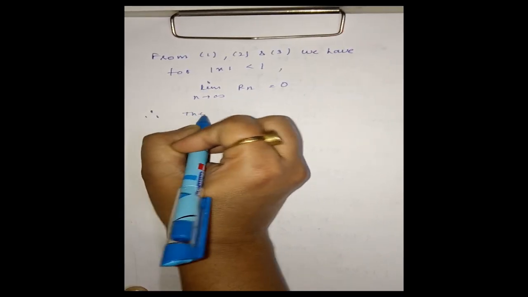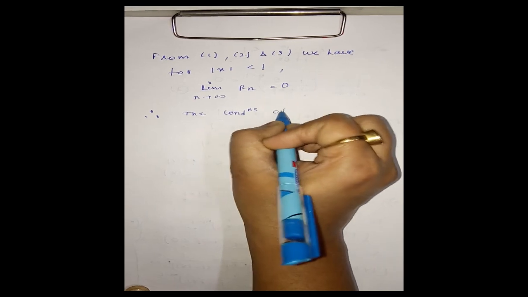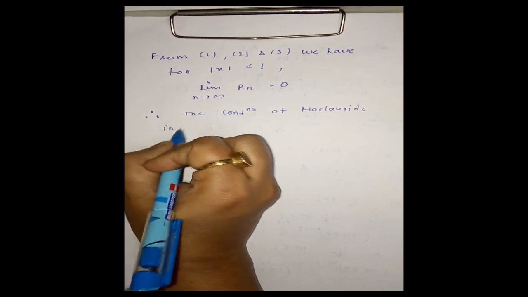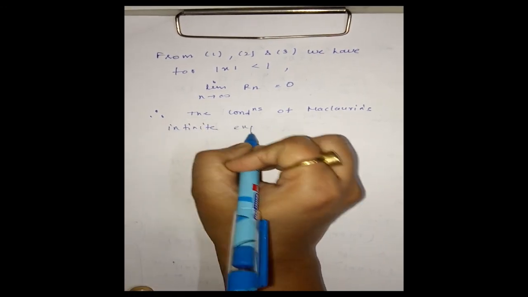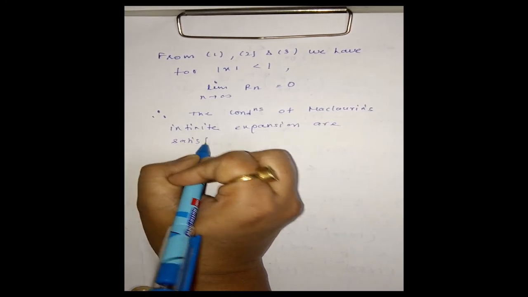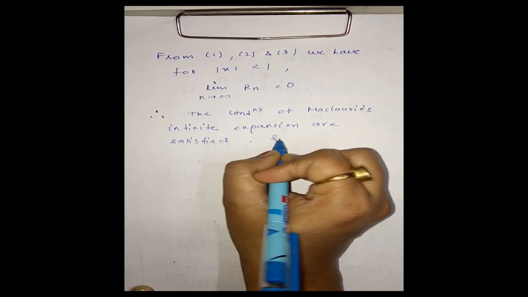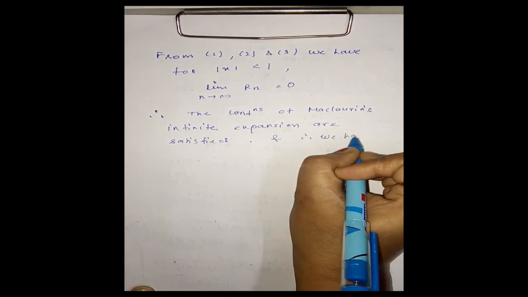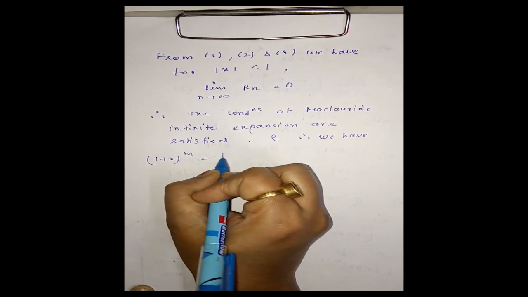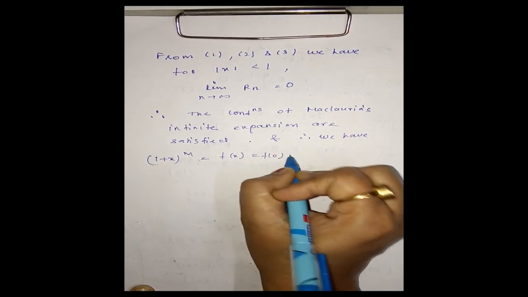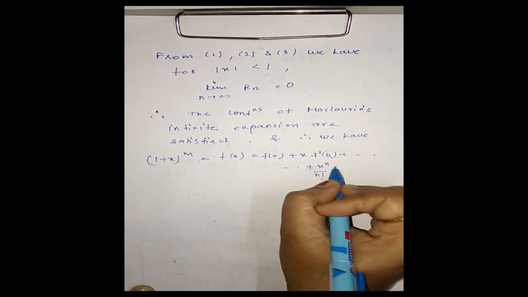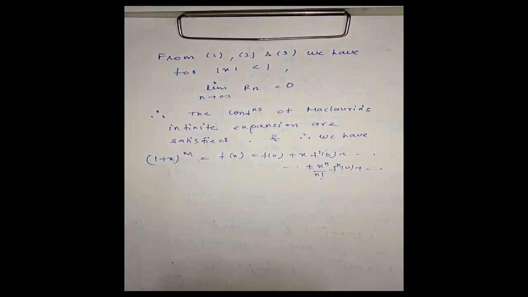Therefore, the conditions of Maclaurin's infinite expansion are satisfied. Therefore, we have (1 plus x) power m is equal to f(x), which is equal to f(0) plus x f dash 0 up to x^n by n factorial f^n(0) and so on.